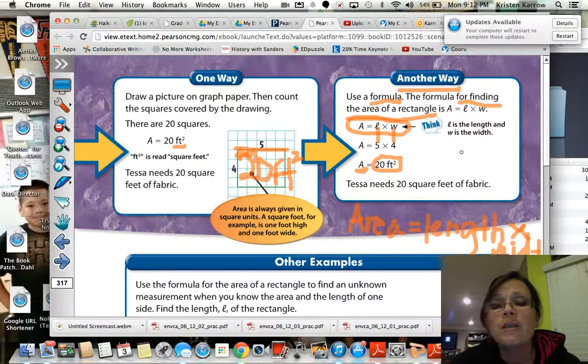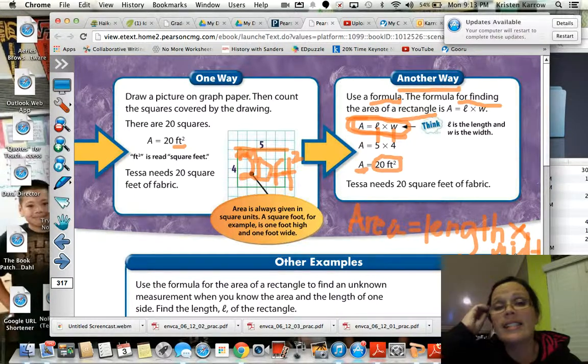Okay, so it's important to put in your notes that this formula right here means area equals length times width. Turn to a partner, use the sentence frame. The formula for area is area equals length times width, or A equals L times W. Now, turn to another partner and use that sentence frame again.